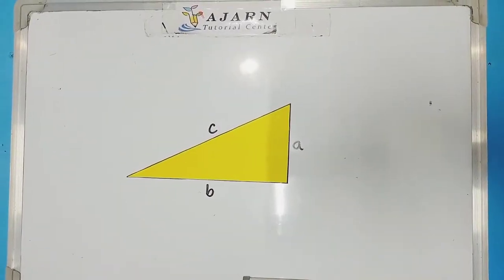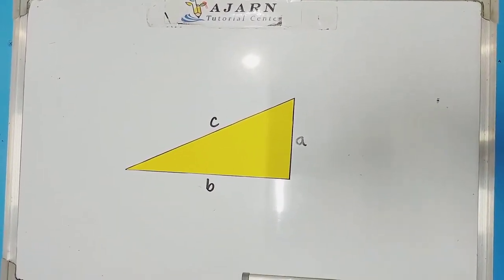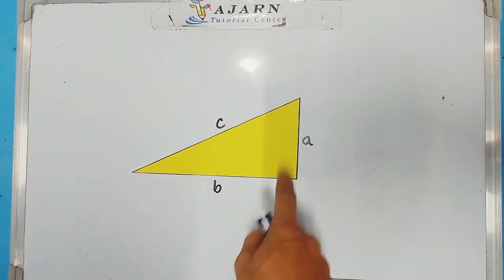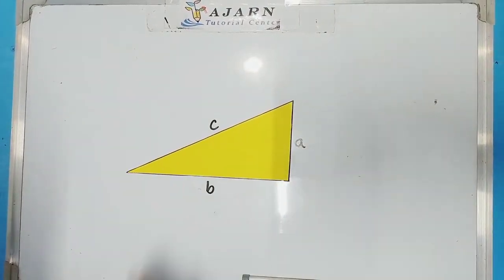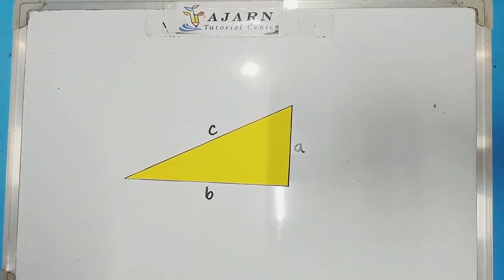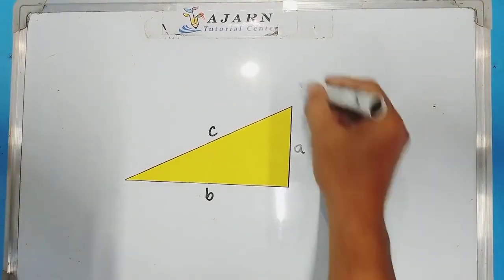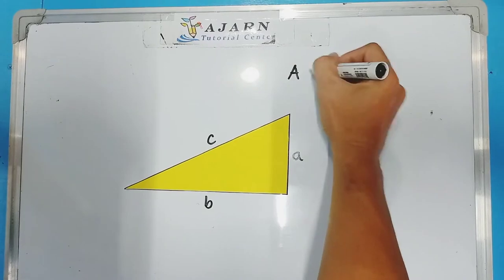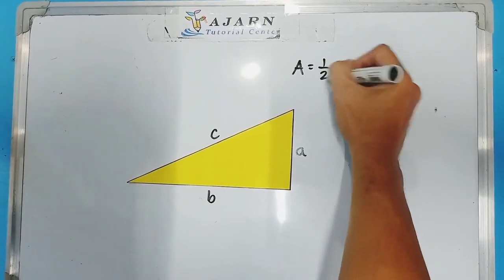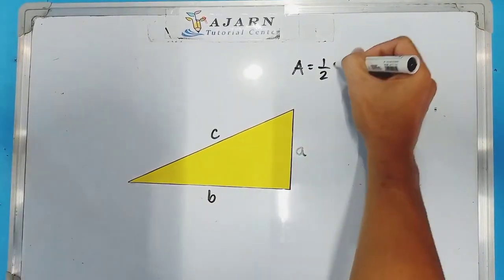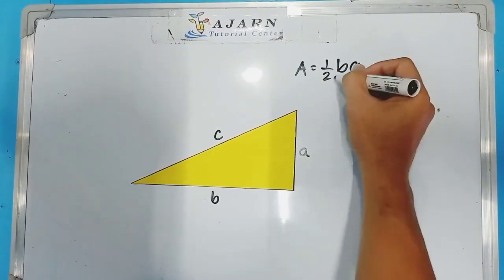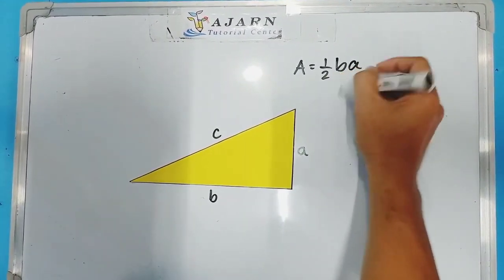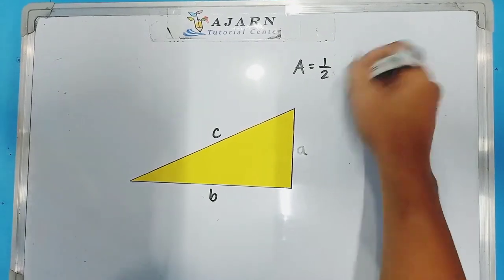Let's prove the Pythagorean theorem using another way. So we have a right angle triangle here with base B, altitude A, and hypotenuse C. Now if you recall, the area of a triangle is equal to 1/2 base, the base is B here, times height, and the height is A here. So we have 1/2 BA, or let's rearrange that into 1/2 AB.